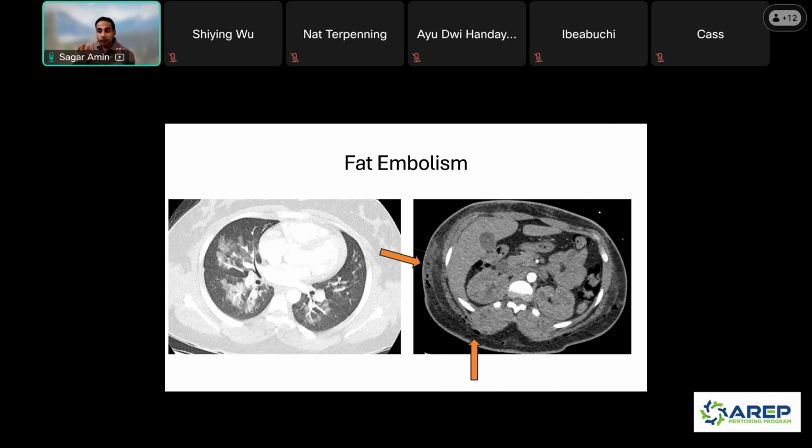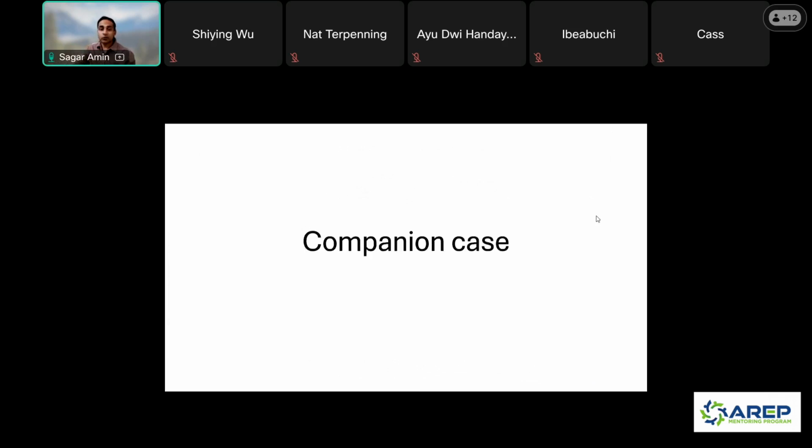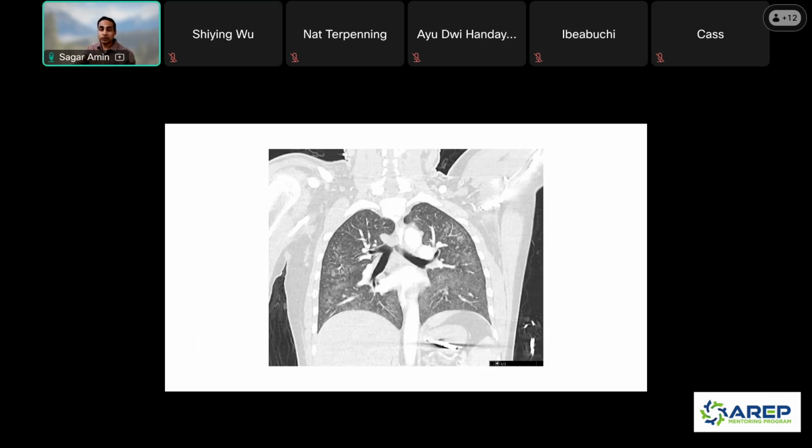Something that you probably don't see in other parts of the world, but I think this patient had this surgery done in Miami. It's kind of been a little bit more common in the last 10, 15 years, and we will see this as a common side effect from this surgery, unfortunately. And then just a more common companion case that we might see is another patient with ground glass.